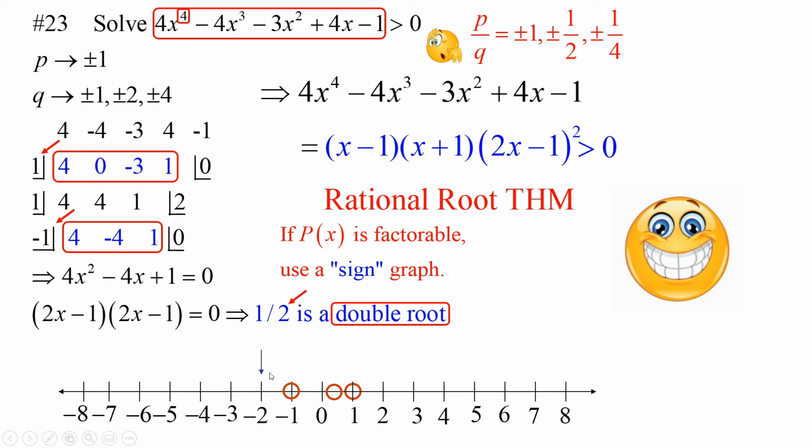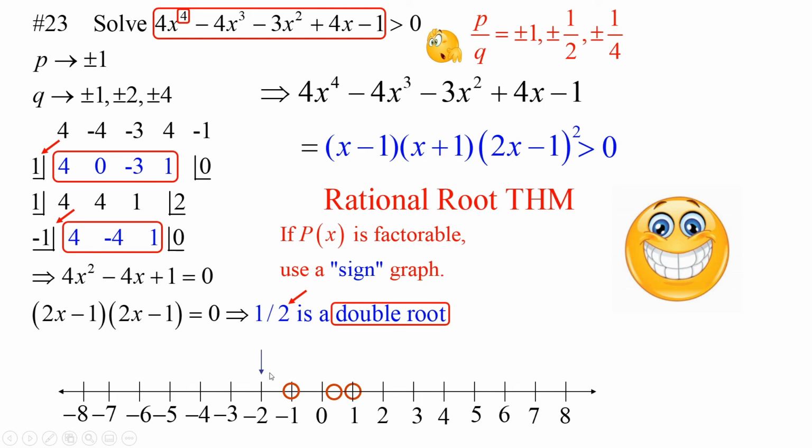A negative times a positive is positive. Now in this interval, I could do direct substitution, but you know me. Isn't that negative 1 a single root? So doesn't the sign have to change? I already know that has to be negative.